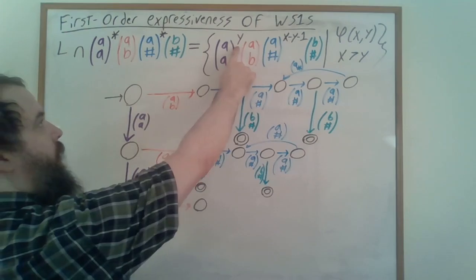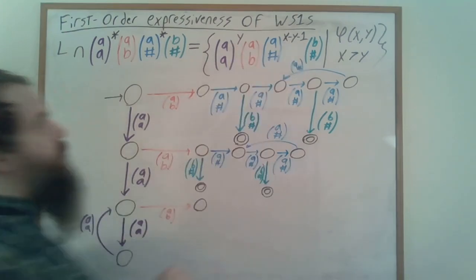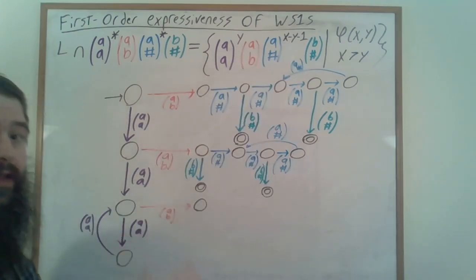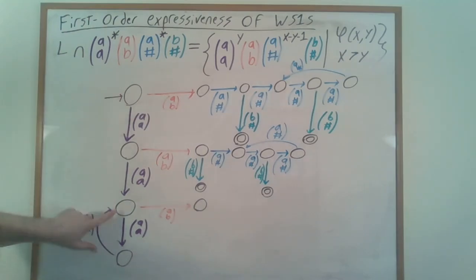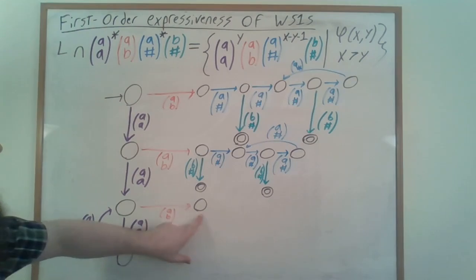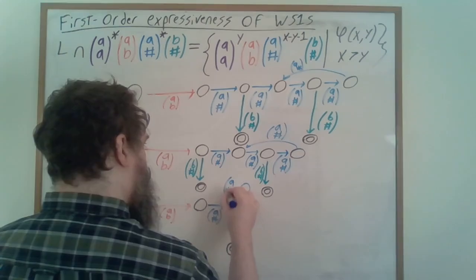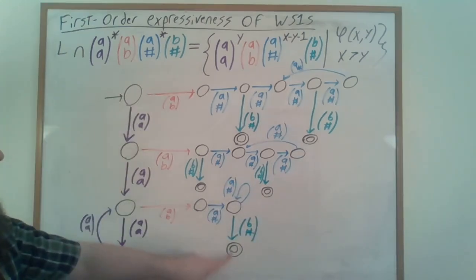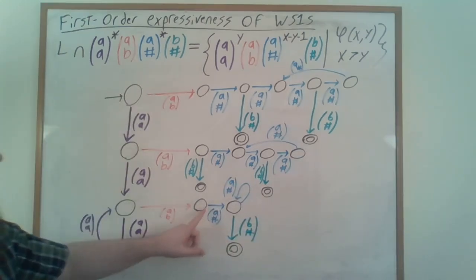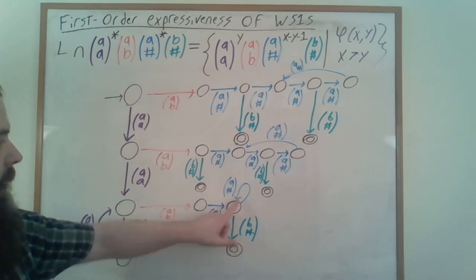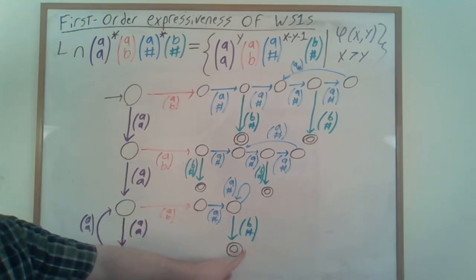Y is equal to 1 and x minus y minus 1 falls into a particular eventually periodic set. And then finally, if we make it to this state and then read an AB, let's say, in order to get to the accept state, we need to read at least one A octothorpe before reading our B octothorpe.